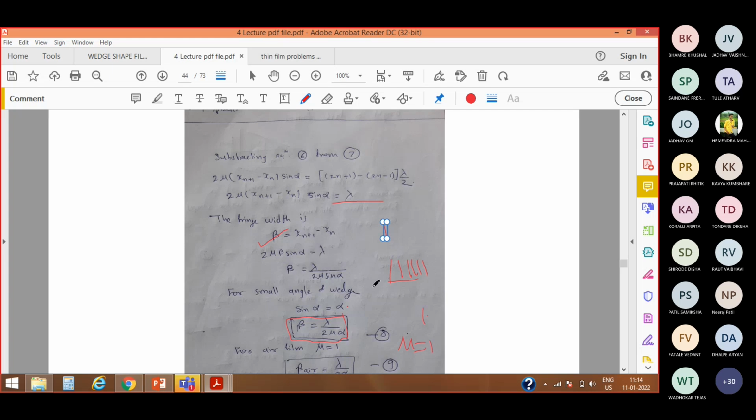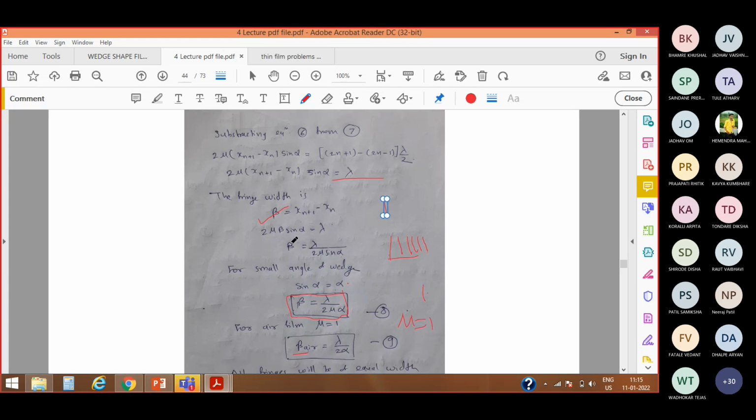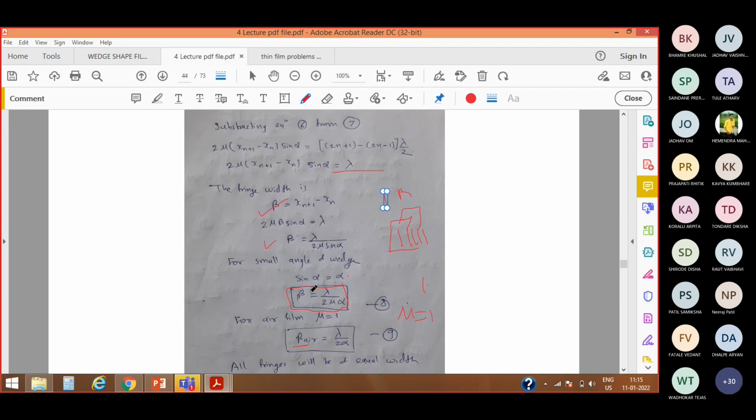So beta is equal to lambda upon 2 mu sin of alpha. So by this I got the value of beta. Beta means the distance between two fringes, either two bright fringes or two dark fringes. So that is given by beta.